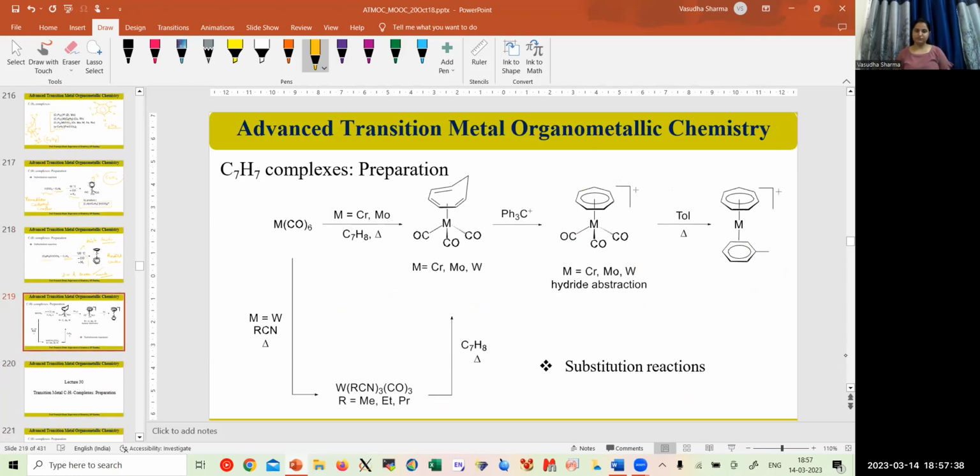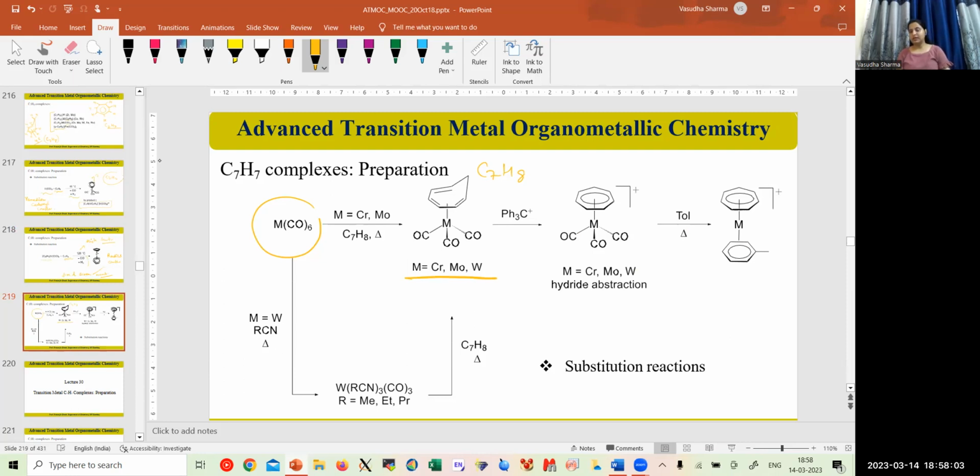Another most important kind of example, again for synthesizing the C7H8 complex, we have taken a metal carbonyl, like earlier, but with vanadium it was giving C7H7, making a radical. If we take chromium or molybdenum, it will give you a C7H8 complex, where it binds with eta6 only. So this is possible for chromium, molybdenum, and tungsten.